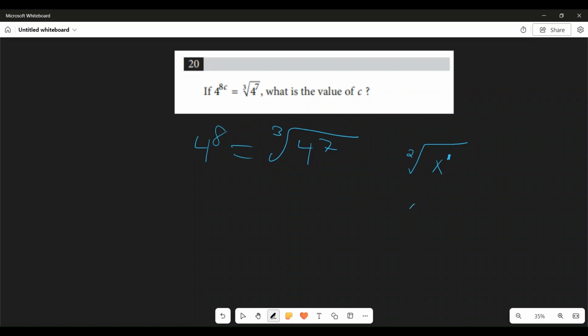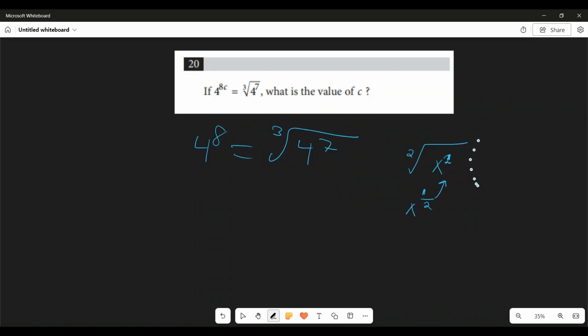Well, you would take the exponent of the term inside the radical, so in this case x to the 1 power. That becomes the numerator of our fractional exponent, and the radical, whatever degree the radical is at, becomes the denominator. So x to the 1/2 power is actually equal to the square root of x.